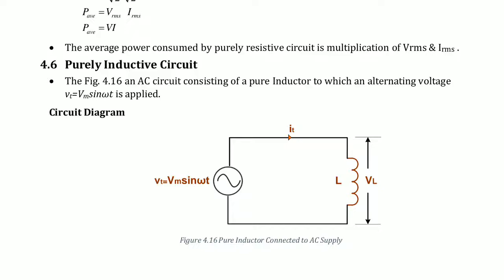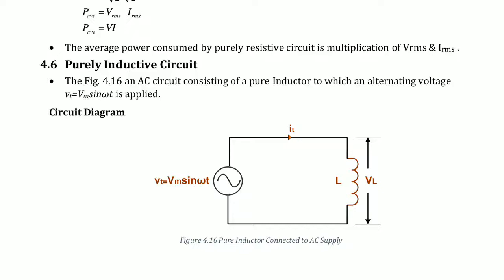Here the inductor is nothing but a winding. This is an AC circuit with a pure inductor, where an alternating supply voltage is connected to the inductor.